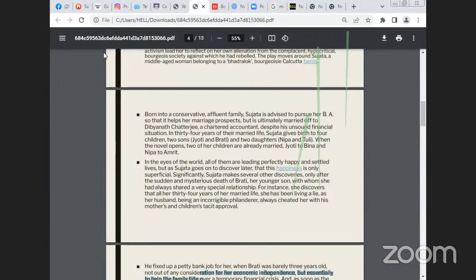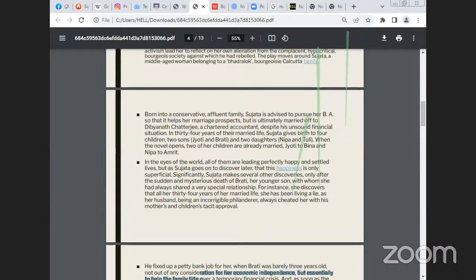Sujata and Divyanath have four children, two daughters and two sons. The daughters are Jyoti Chatterjee and Tuli Chatterjee. Brathi is the younger son, the last one, and Tuli is unmarried here.